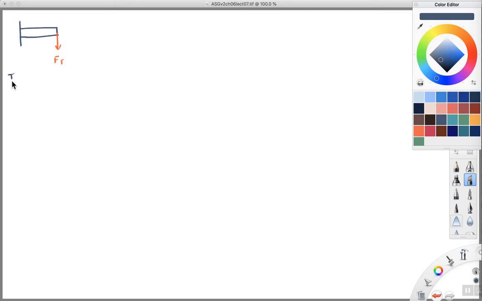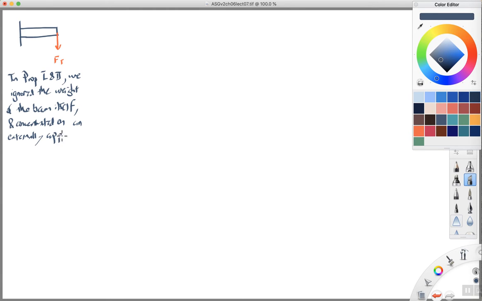So in Propositions 1 and 2, we ignored the weight of the beam itself, and concentrated on an externally applied transverse force.